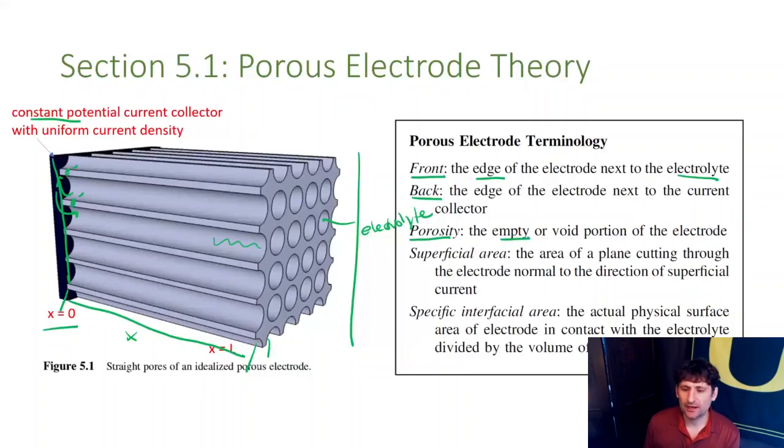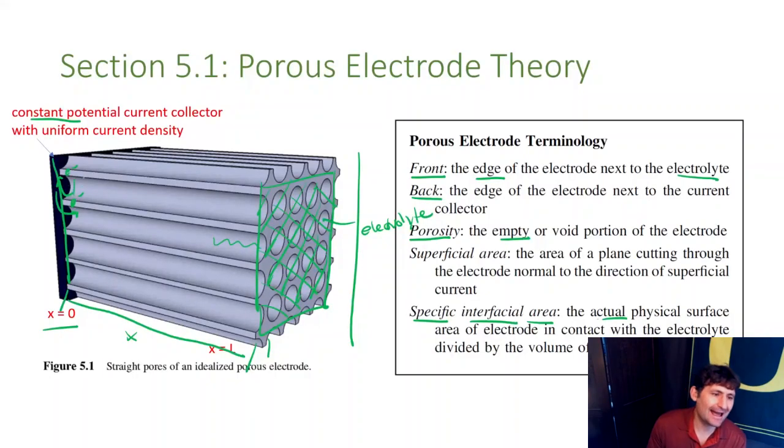The superficial area is the area of a plane cutting through the electrode normal to the direction of the superficial current. So the superficial area is going to be the area of this cross section here. And we'll define another area, the microscopic. The specific interfacial area is the actual physical surface area of the electrode in contact with the electrolyte, divided by the volume of the electrode.